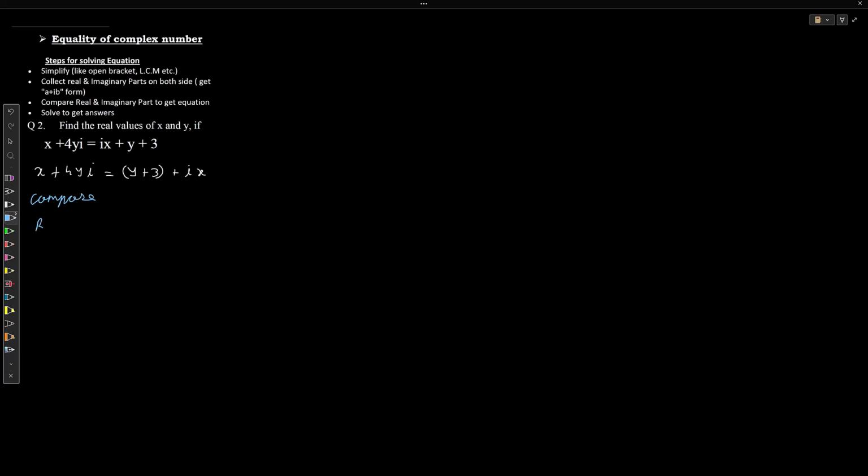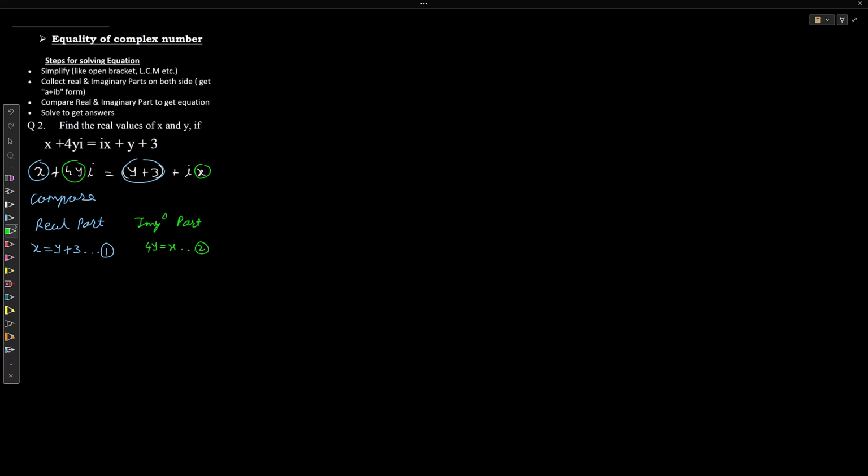Okay, so from comparing real parts, what will we get? We will get x is equal to y plus 3. That will become your first equation. And by comparing imaginary parts, we will get 4y is equal to x. And this will become your second equation.